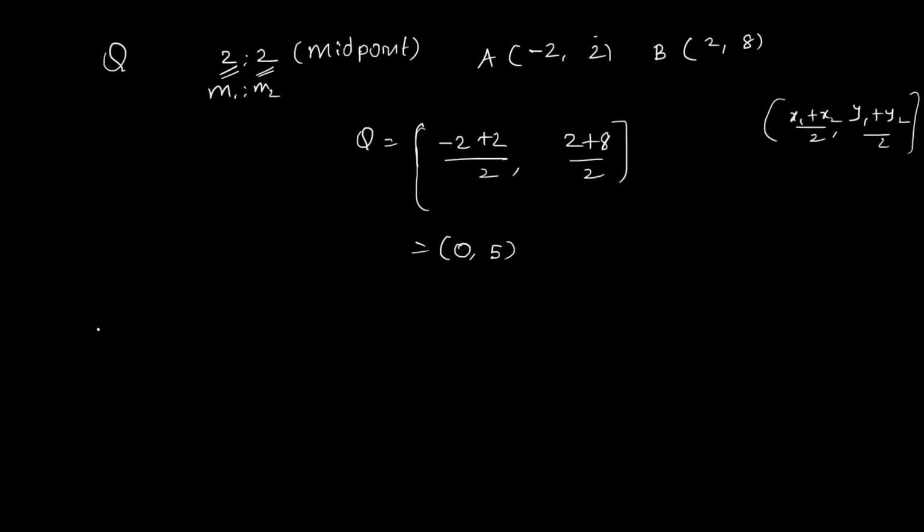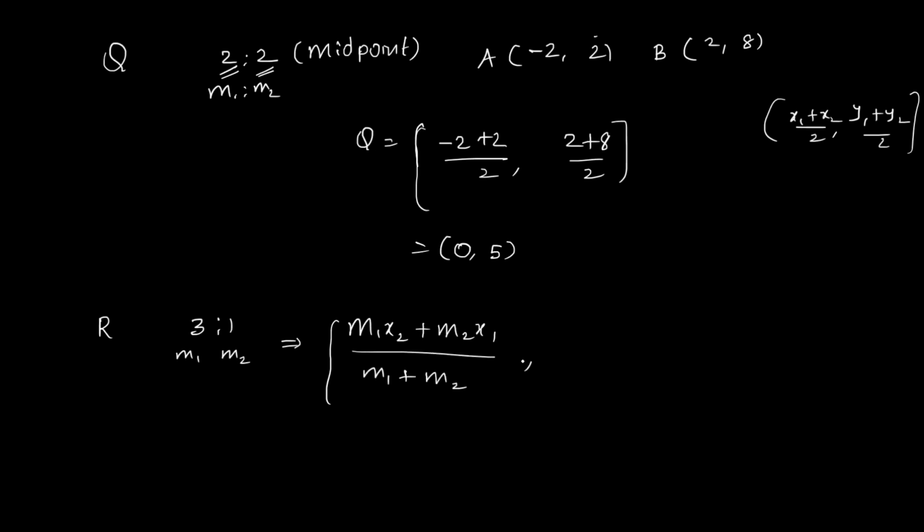And similarly, to find R, the ratio should be taken as 3:1. So m1 will be 3 and m2 will be 1. Our formula is (m1 x2 plus m2 x1) by (m1 plus m2), comma, (m1 y2 plus m2 y1) by (m1 plus m2).